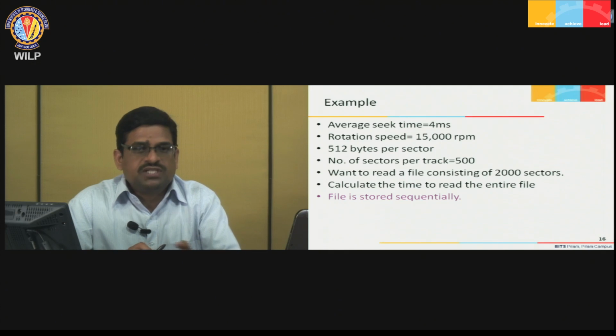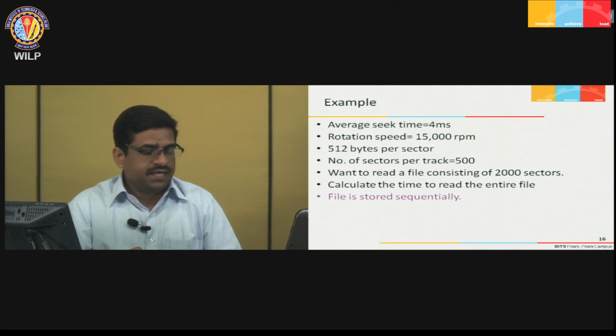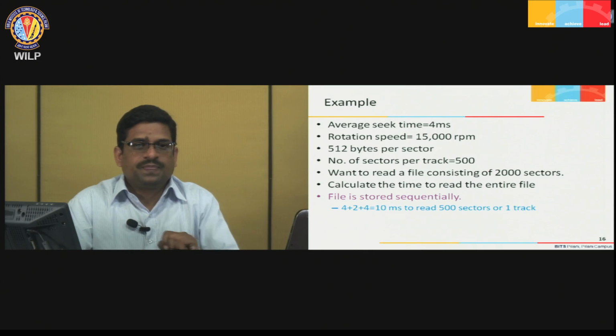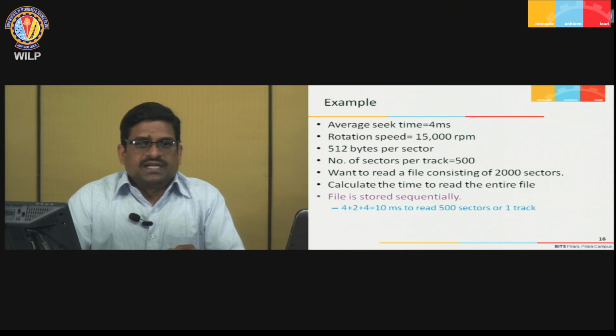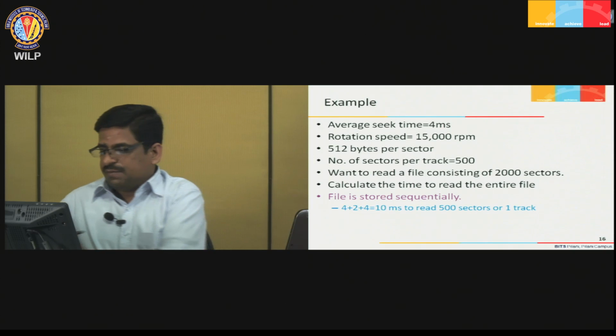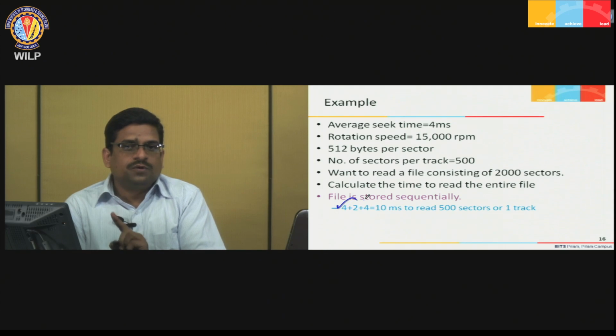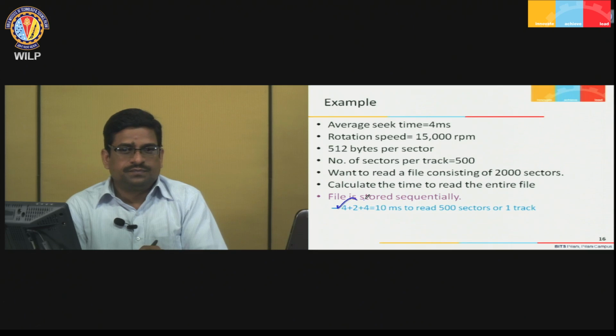For the first case, say it is sequentially stored, all in consecutive tracks. So the total time will be the seek time, 4 milliseconds, plus the rotational latency. Right now I am calculating the time to read one complete track.